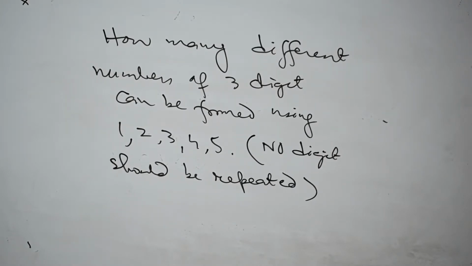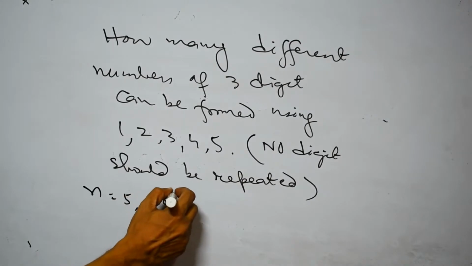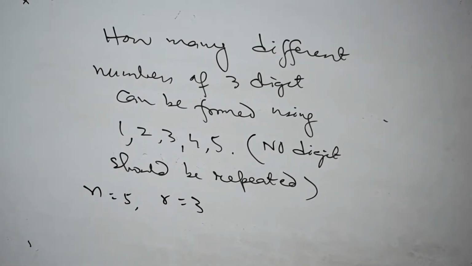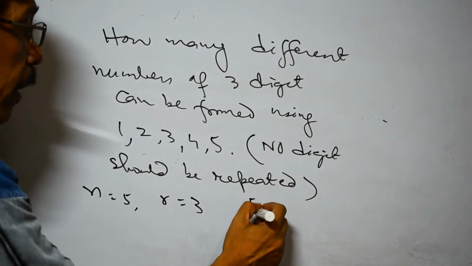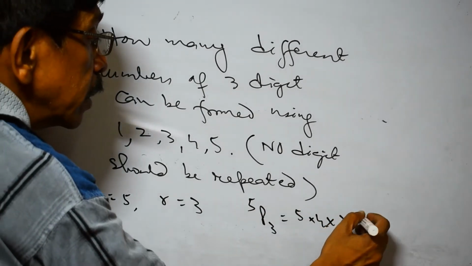It's not a mathematical or practical sense, but it's normally considered. If it is not mentioned, we consider that repetition of the digits is not there. So n is 5 and r will be 3 because we are going to make a 3 digit number. So it will be 5p3, that is 5 into 4 into 3, that is 60.